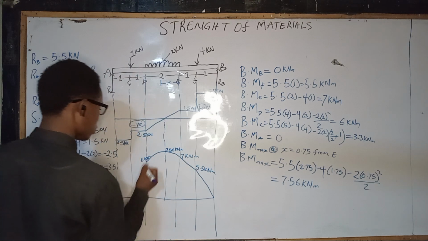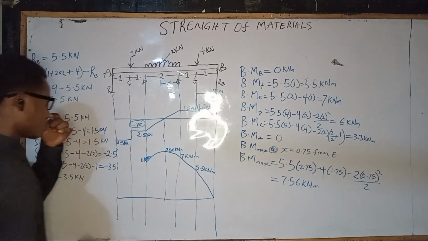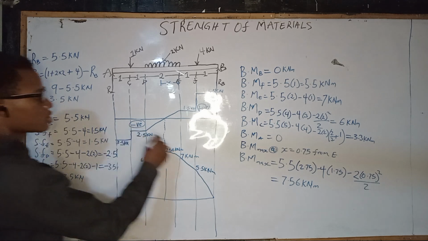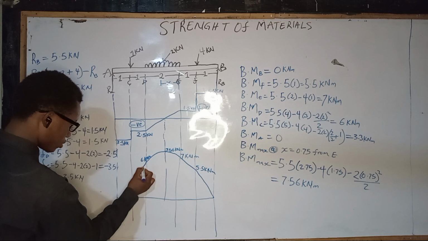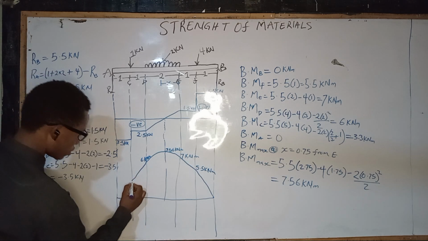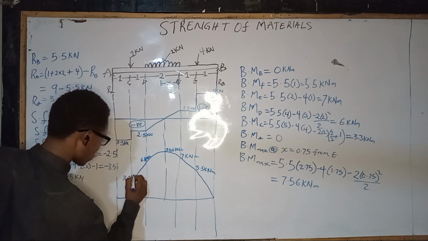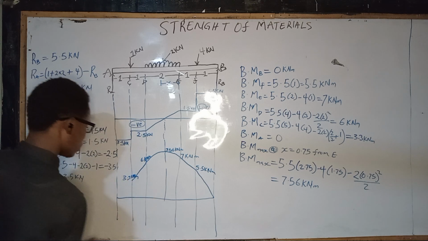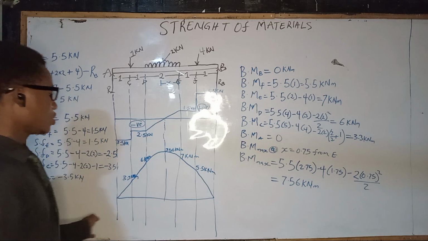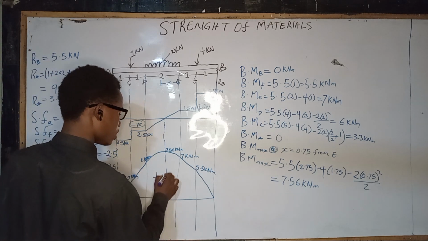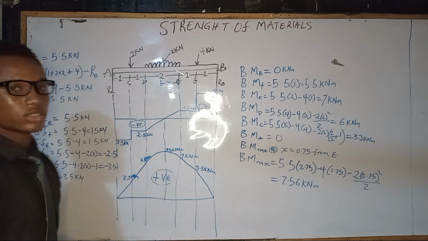Then at C, our bending moment is 3.3 kilonewton meter. Then from here to here is 0. So this is the bending moment diagram. Everything here is positive, the bending moment diagram for this load right here.